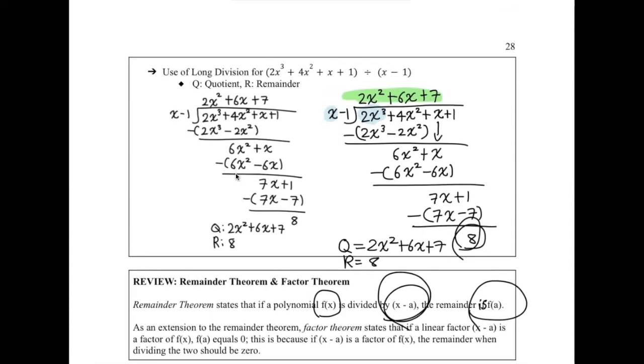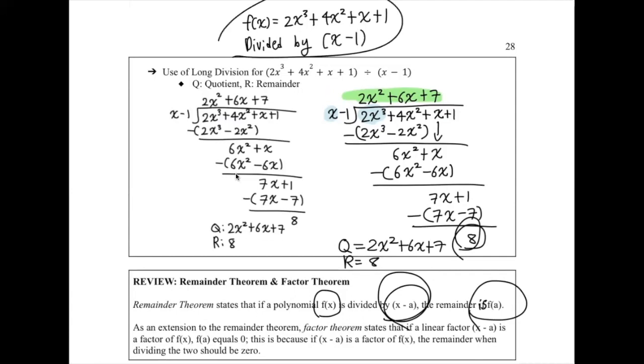Let's say that you have a polynomial, f of x is 2x cubed plus 4x squared plus x plus 1, and let's say that it is divided by x minus 1. Then the remainder from this process is simply f of 1.